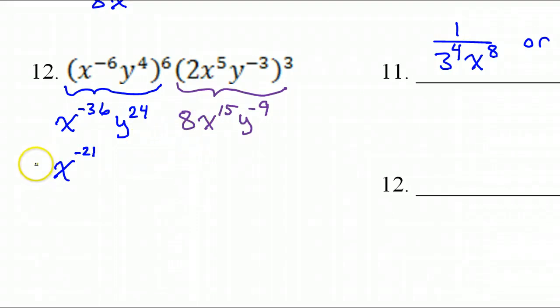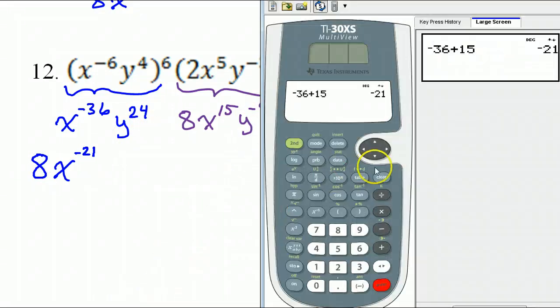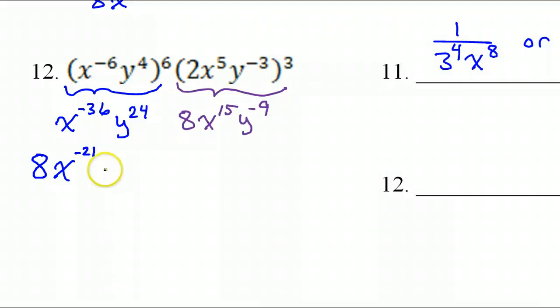Might as well write that down. And now the y's, simply 24 minus 9. Alright, I'm hoping you don't need a calculator for that, but if you did, even a 4-function calculator would give it to you. Okay, so I've got y to the 15th power. Alright, notice it's positive, the bigger number is positive.